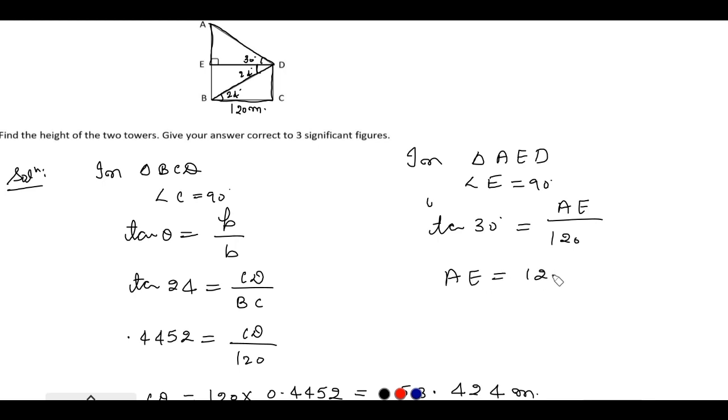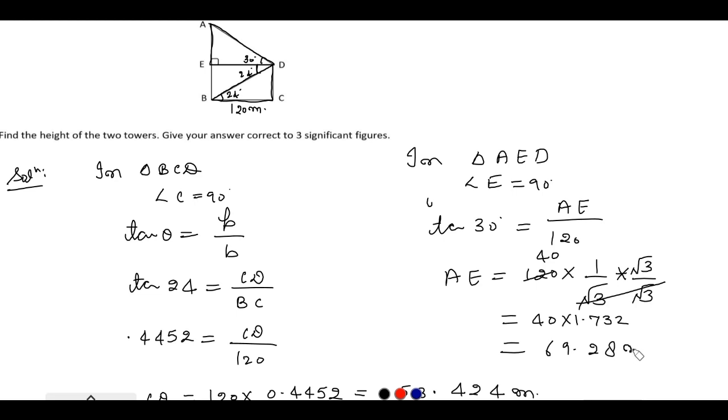AE is equal to 120 multiplied by tan 30, that is 1 upon root 3. 40 root 3 means 69.28 meters. Now AB will be equal to height of first tower AE plus BE, and BE is equal to CD. So this is 69.28 plus CD, that is 53.424.